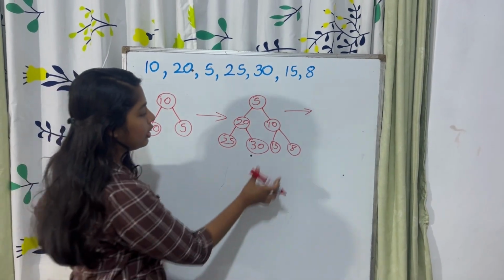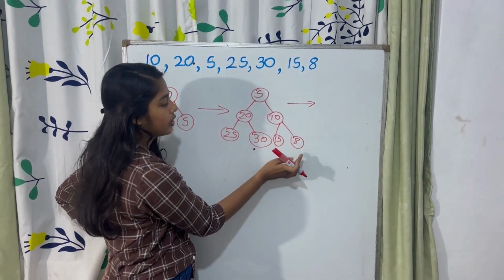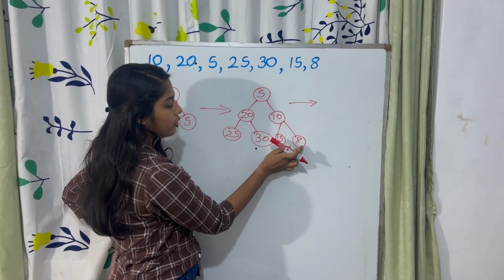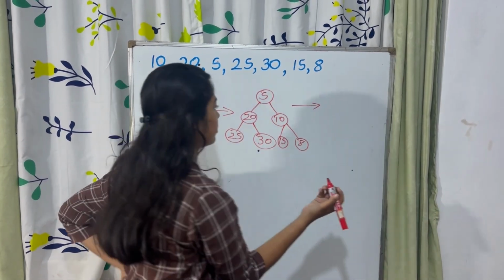In here, this is not a min heap, so we have to swap 10 and 8.